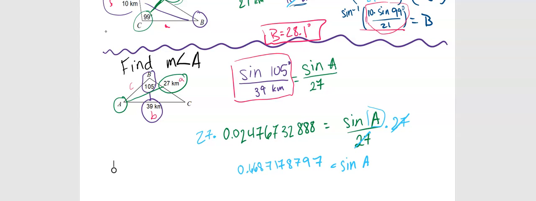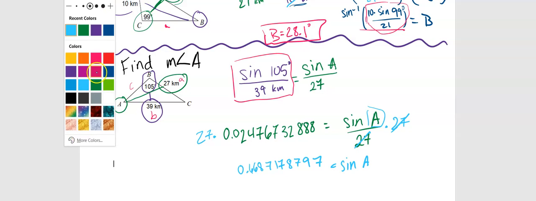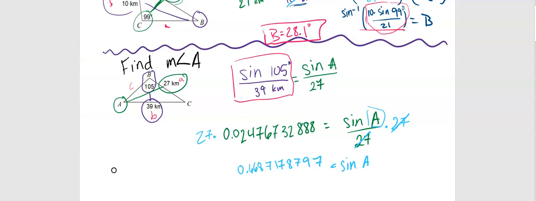Now, this gets kind of tricky, so let me explain what's about to happen. I'm going to switch to a different color. Once again, I need to get A all by itself. So I'm going to take the inverse sine because it will cancel out my trig function there. And I must do it to this side right here.